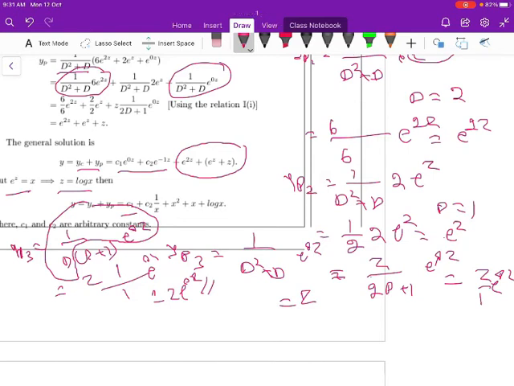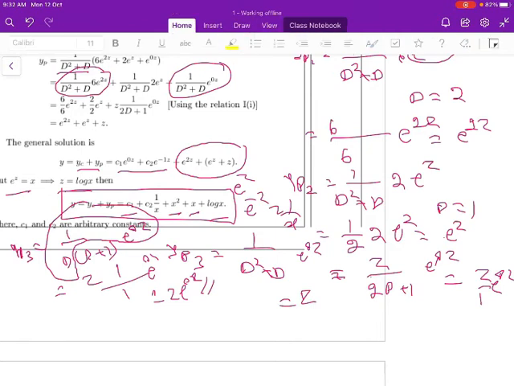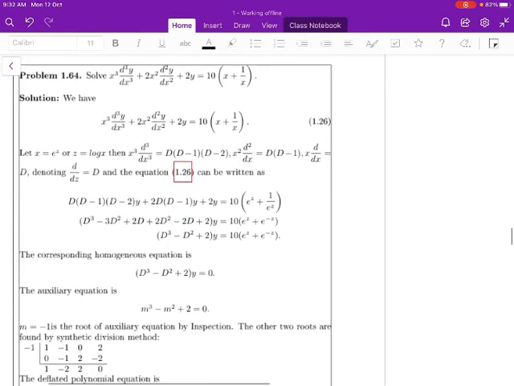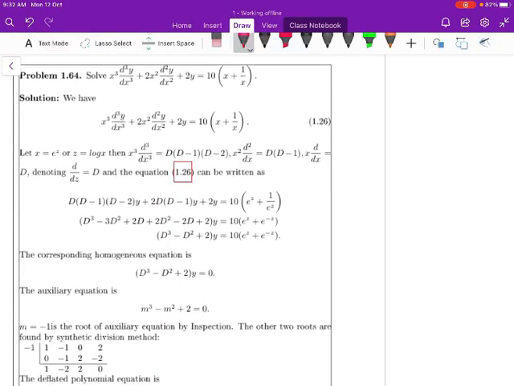Therefore c1 e power 0z is c1, plus c2 into e power minus z, which is 1 by x, plus e power z which is x, e power 2z which is x square, and z is equal to log x. So this is the general solution of the given Cauchy linear differential equation.